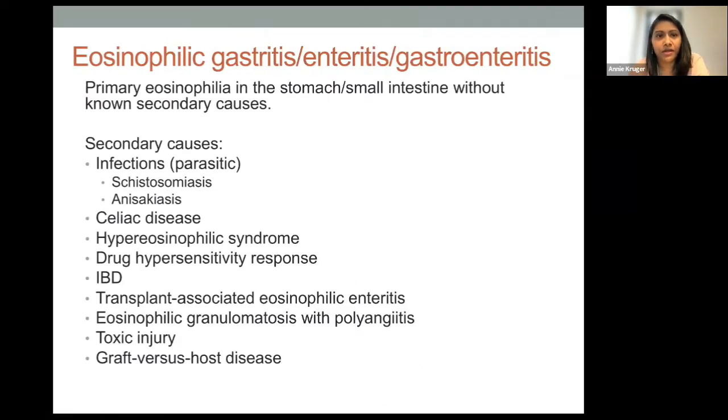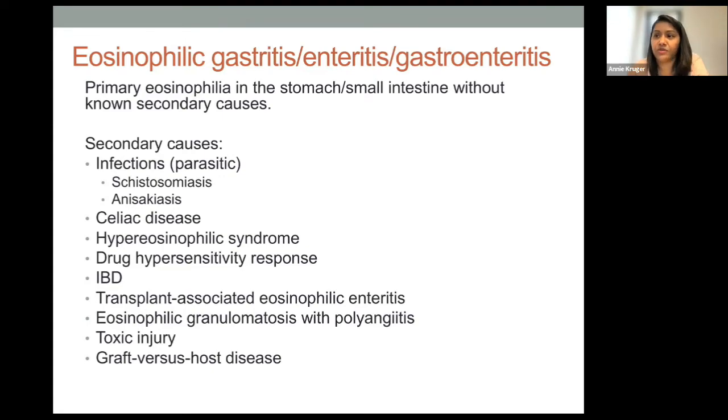All right, so let's talk about eosinophilic gastritis. So this is a primary eosinophilia, and you have to have excluded secondary causes. What are some of the secondary causes? Maybe we don't see this so much here, but schistosomiasis and sarcoidosis are actually one of the most common causes for this worldwide.